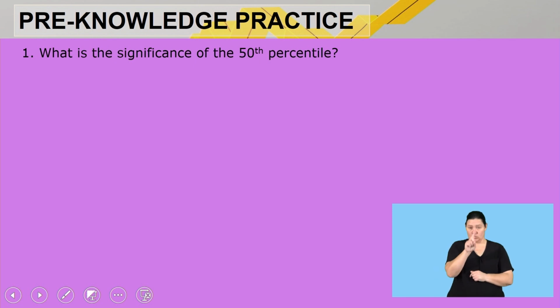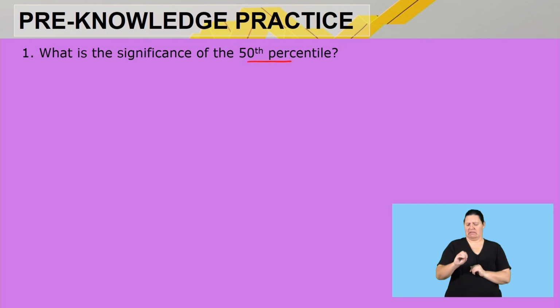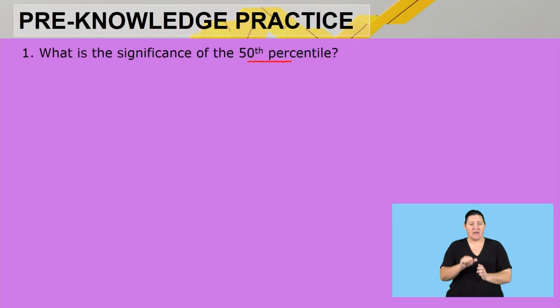The first question here, what is the significance of the 50th percentile? Whether we work in terms of weight or length, it means that half of the population will be above and then half of the population will be below. Also important is that the 50th percentile refers to our median. So that is the significance. Let me quickly write that down.